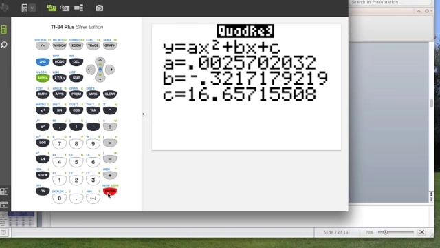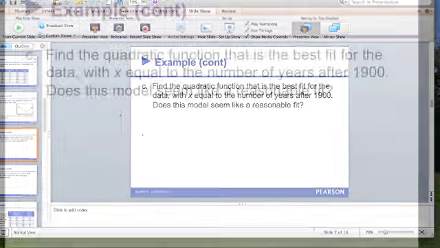A is 0.003, B is negative 0.322, and C is 16.657. We do all of those to the nearest three decimal places.